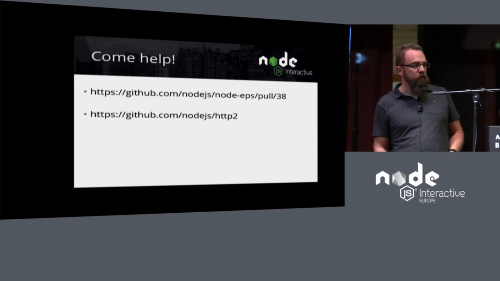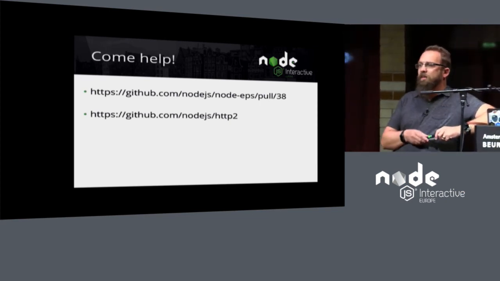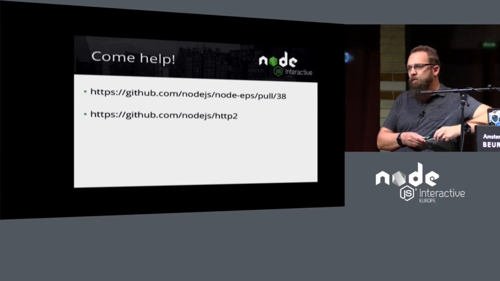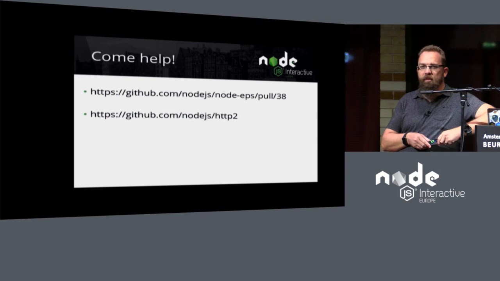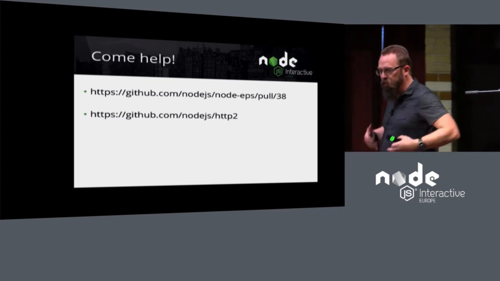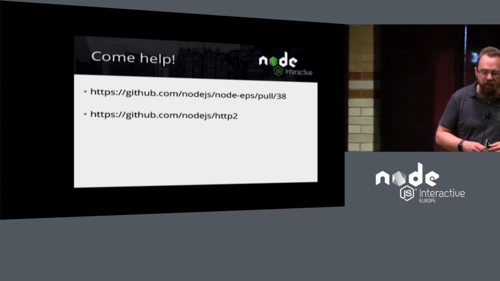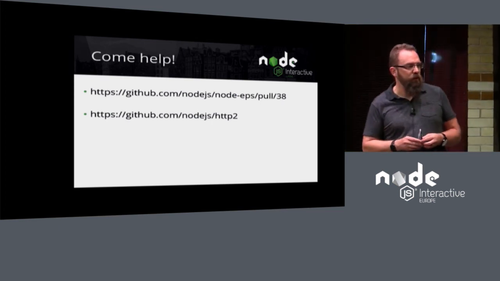To get involved, the Node EPS, if you're not familiar, it's Node Enhancement Proposals. The S is a plural, it's not part of the acronym. These are basically proposals for improving Node, significant portions of the Node API and internal implementation.